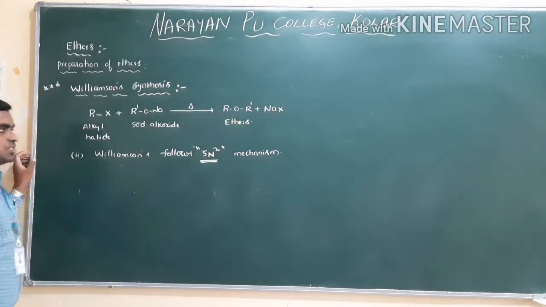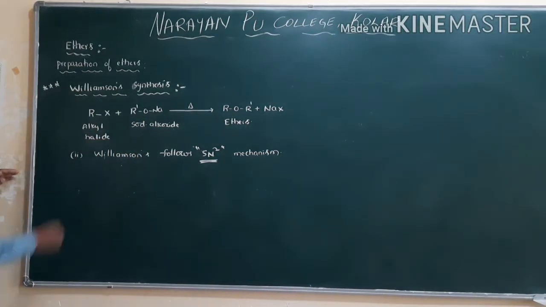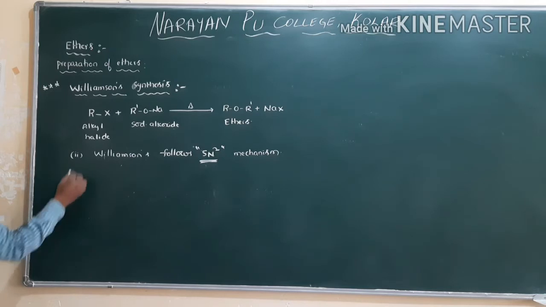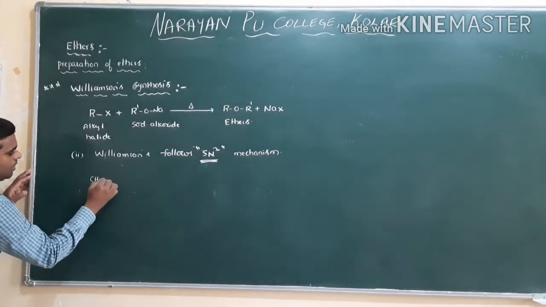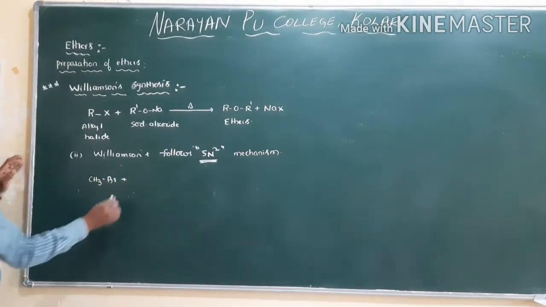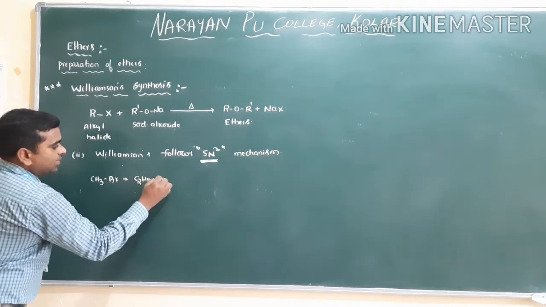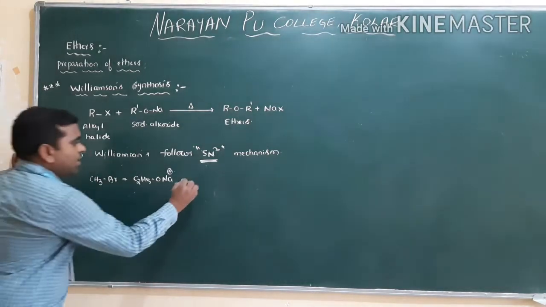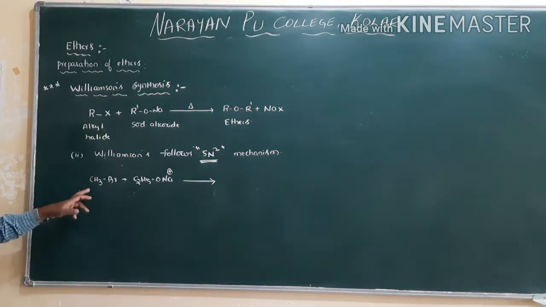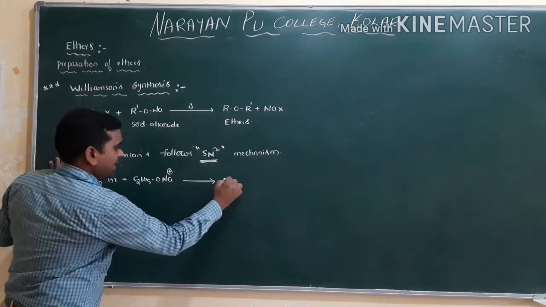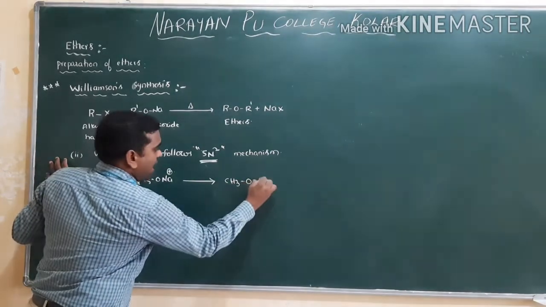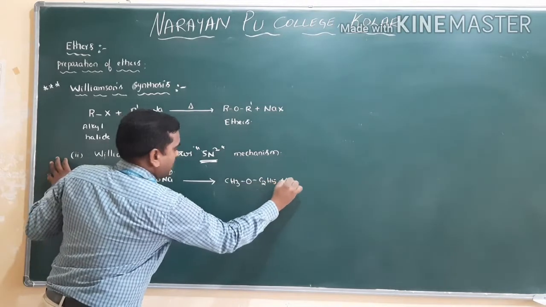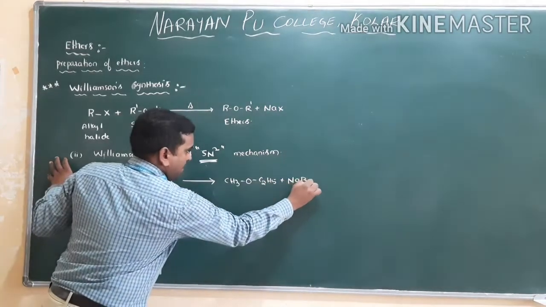Now I will take one example, and after that we will go for some other examples also. First I will write methyl bromide, a simple example, and here sodium ethoxide. Then the compound we will get in this case is CH3-OC2H5 plus NaBr.